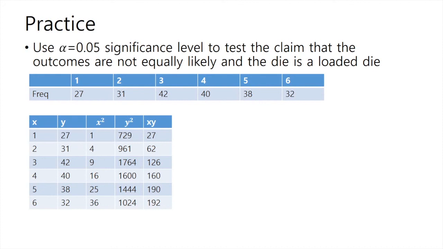From the calculation, when you add them up, the sum of x will be 21, the sum of y 210, the sum of x squared 91, the sum of y squared 7522, lastly the sum of xy 757.